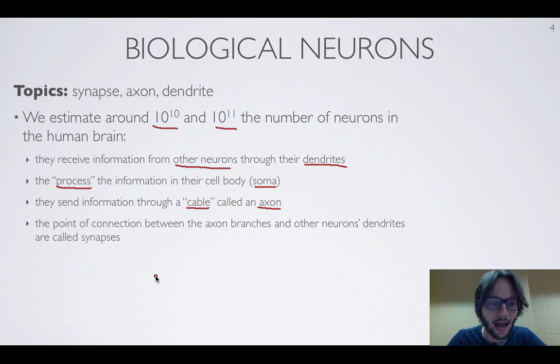And then this axon is going to be connected with other neurons' dendrites, and the point of connection between a neuron's axon and the branches out of its axon and the other neurons' dendrites is going to be called the synapses. That's the point of connection where an axon reaches some other neurons' dendrites.